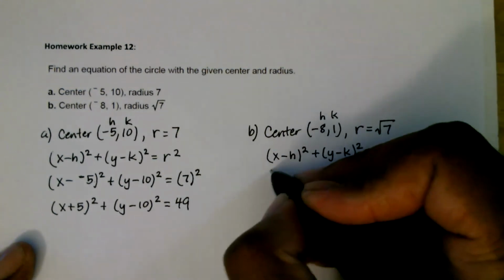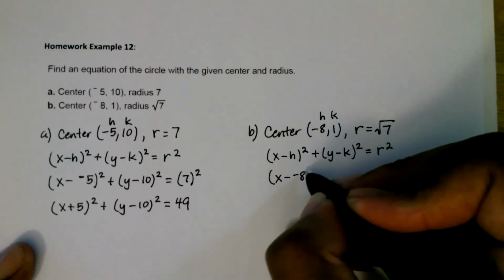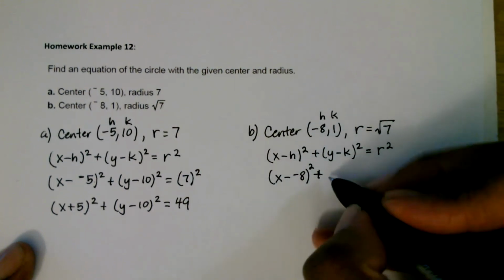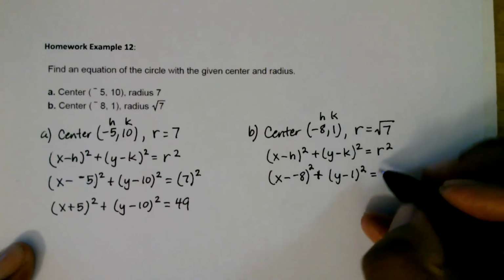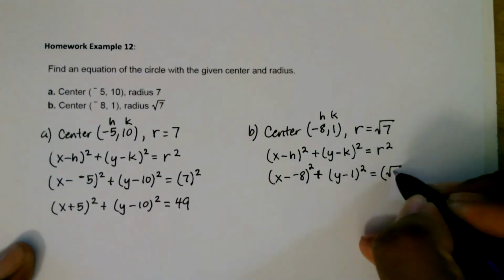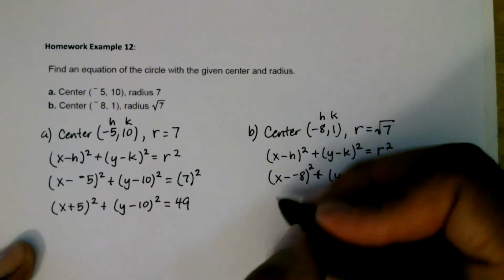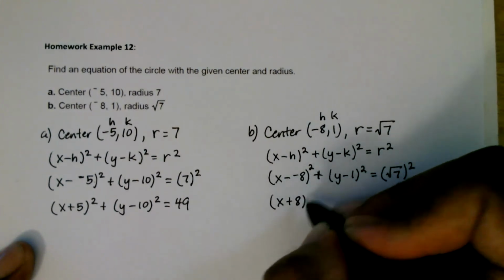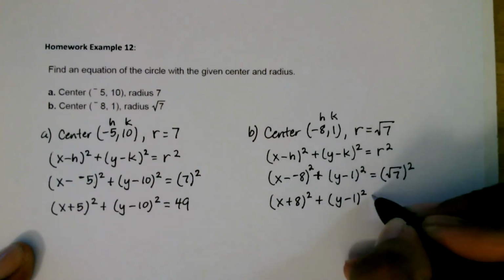So here, bring down the x minus h, which is -8. So I get x minus -8, squared, plus y minus k, which is 1, squared, and that's equal to the r, which is the square root of 7, squared. Okay, so x minus a -8 is going to be x plus 8, quantity squared, plus y minus 1, quantity squared.